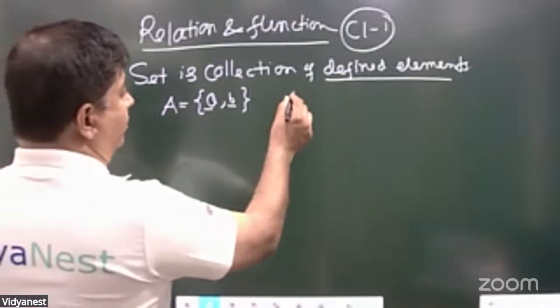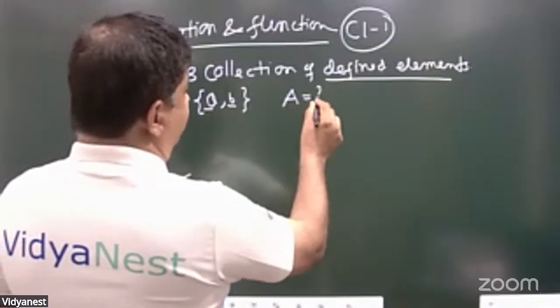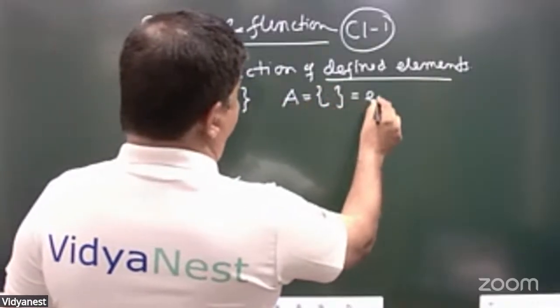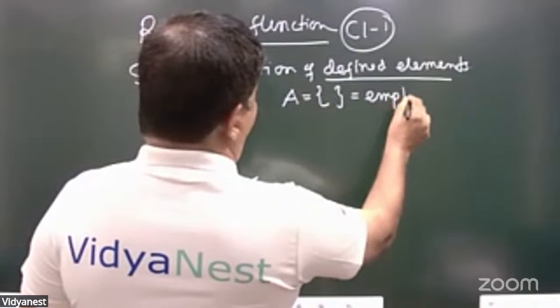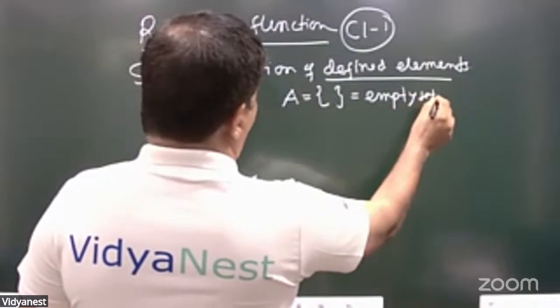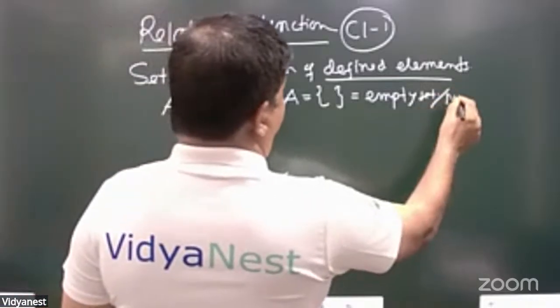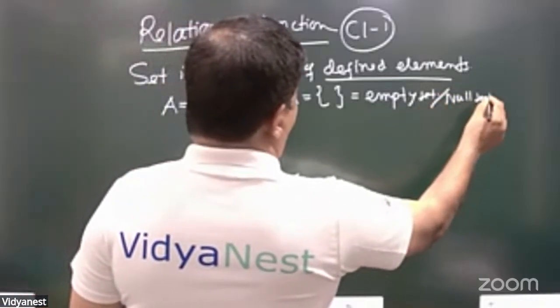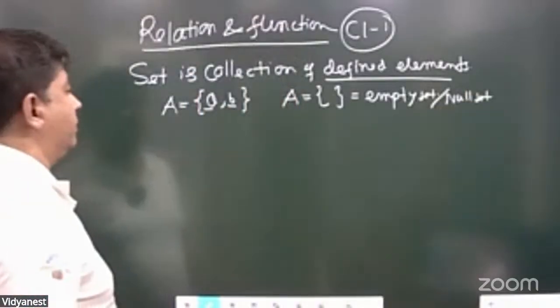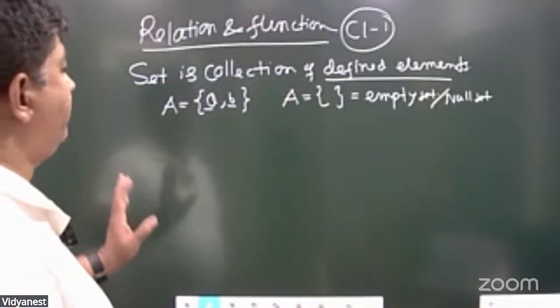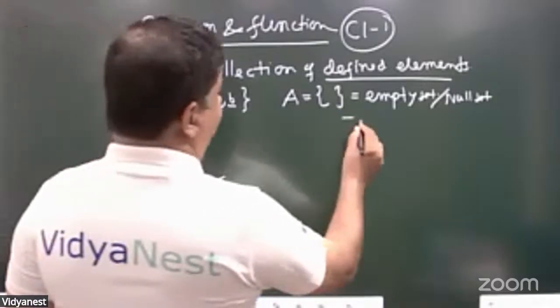If there is no element, that means the set is an empty set or null set. It is denoted by phi.